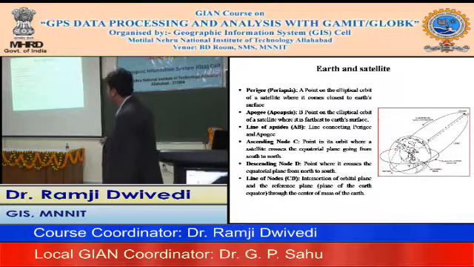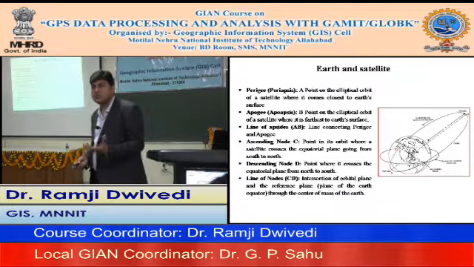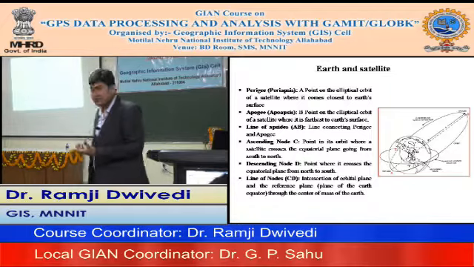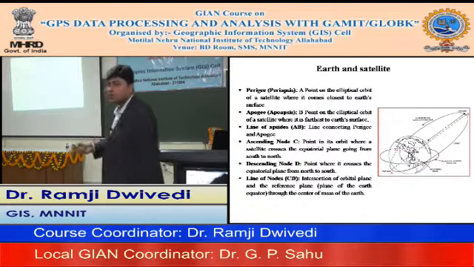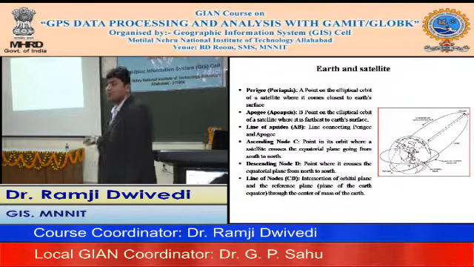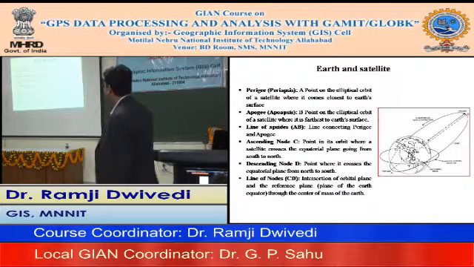The line of apsides is the line connecting perigee and apogee. The ascending node is where the satellite goes from south to north, and when it goes from the north to the south it becomes the descending node. The line of nodes joins the two nodes.